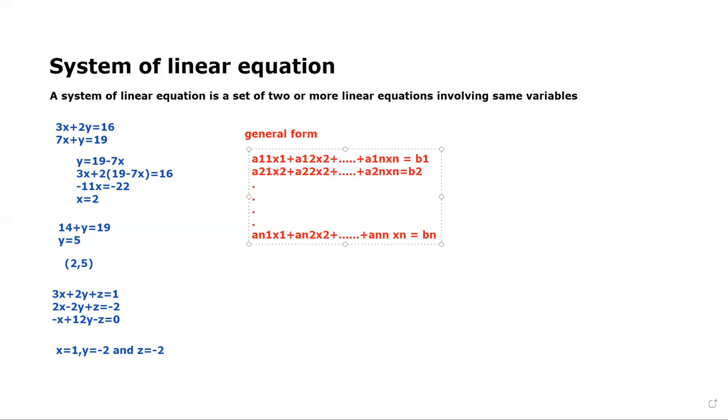This is the general form of a linear equation system. This form can be written as a matrix in general, which is Ax equals b.